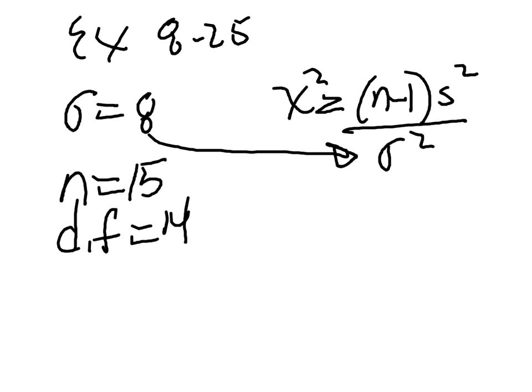Okay, so we might as well set up our hypotheses now as we go. And they've given us the hypotheses there, as you notice, in terms of the standard deviation. So again, I remind everyone we're going to have to square that.